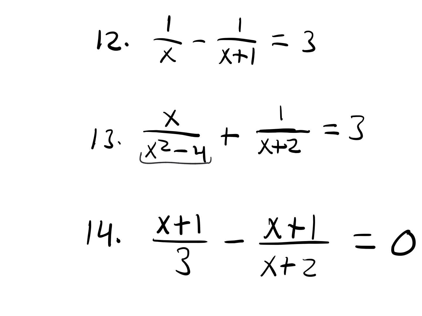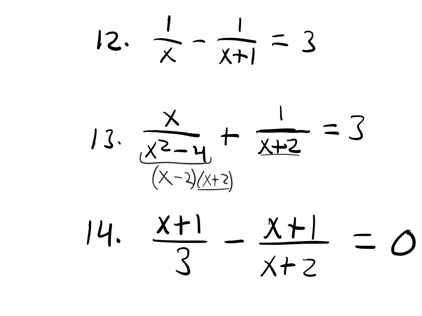You can factor it, right? So make sure that you factor all of it just to make sure that you're not multiplying by too many things. Because now notice you have an x plus 2 in 2 spaces. So then for this one, you would just multiply the entire equation by x minus 2 and x plus 2.